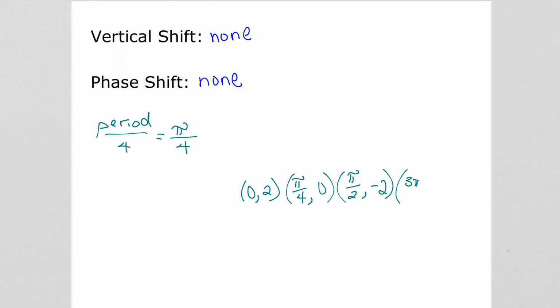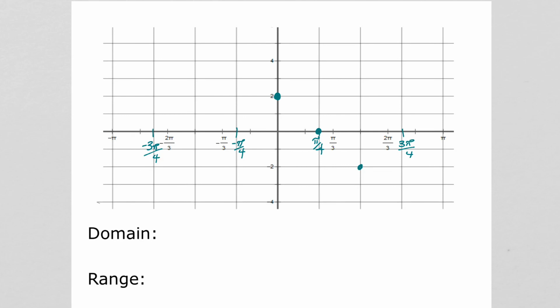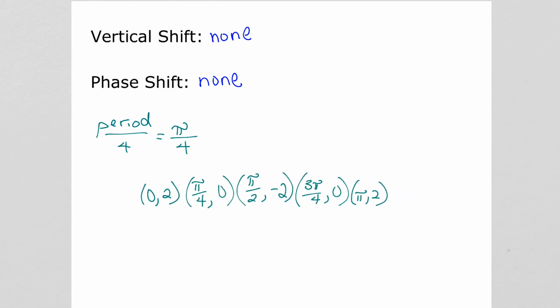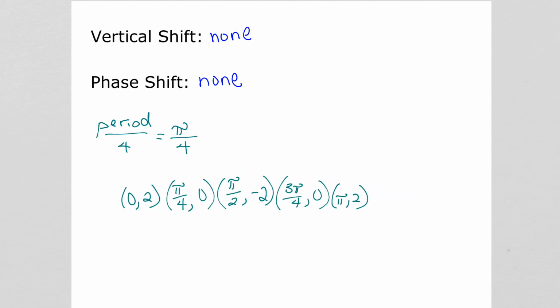Another pi over 4 takes us to 3 pi over 4 and back to 0. And then another pi over 4 takes us to pi and 2. Okay?